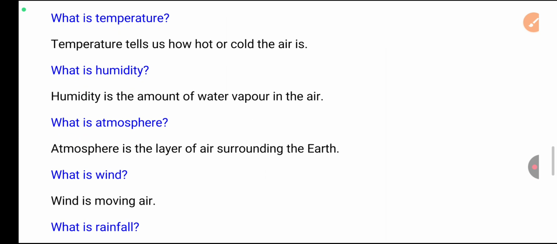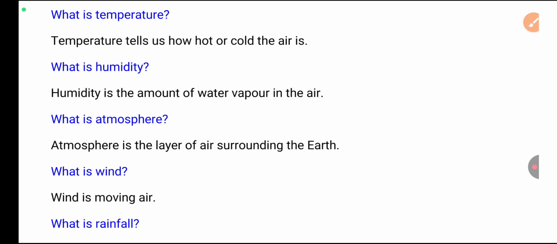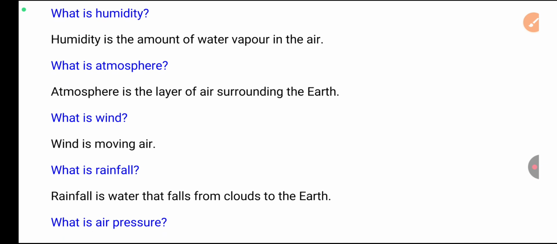Now moving on to the question, what is temperature? Temperature tells us the hotness and coldness of the air. Now moving on to question number 8. What is humidity? Humidity is the amount of water vapor in the air.